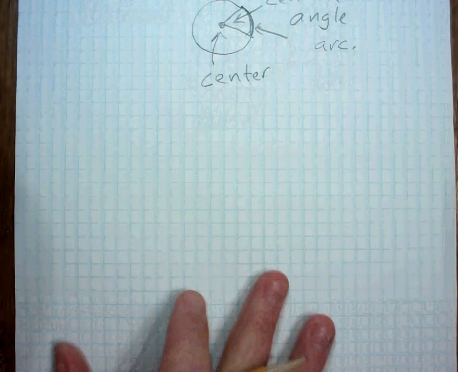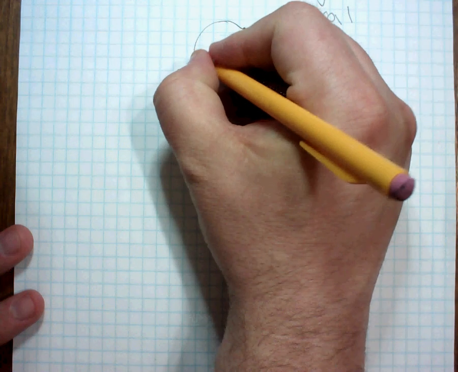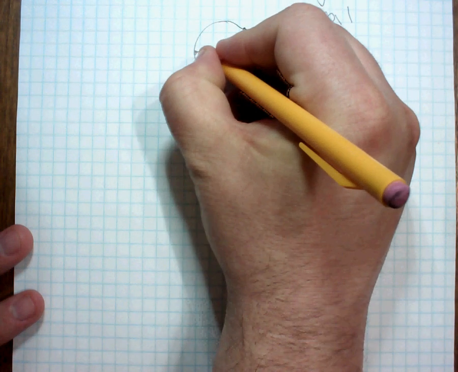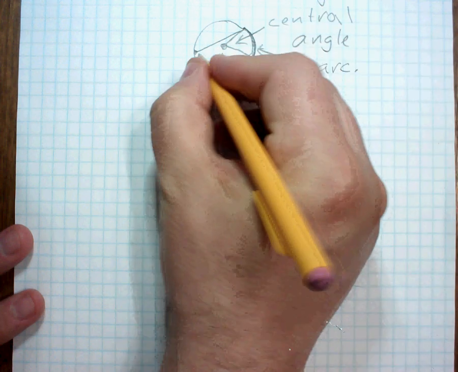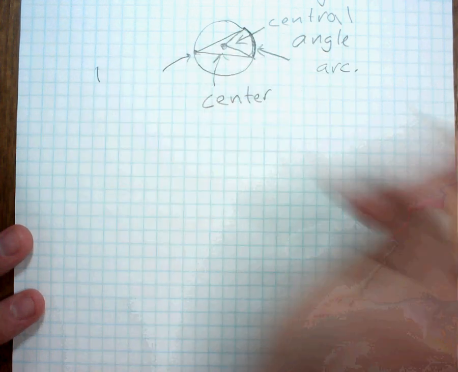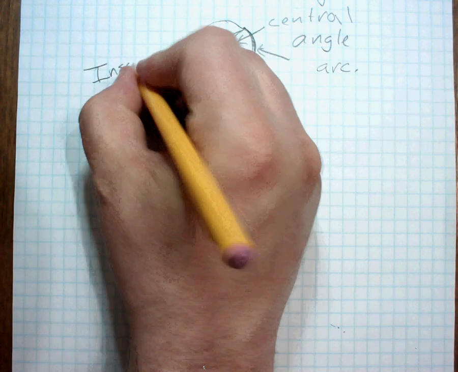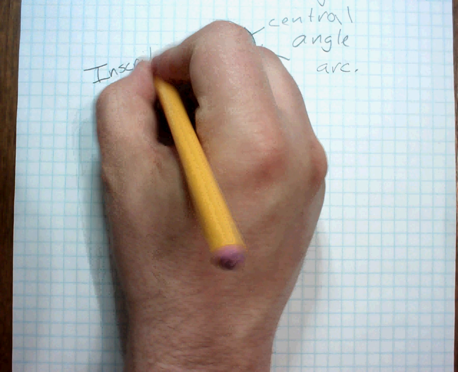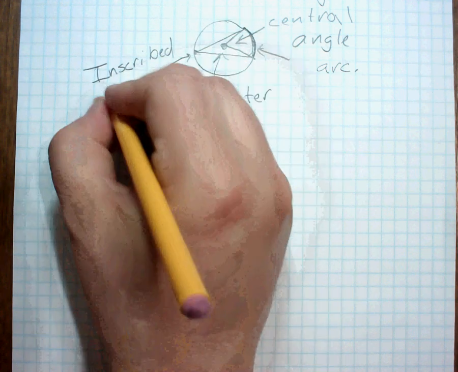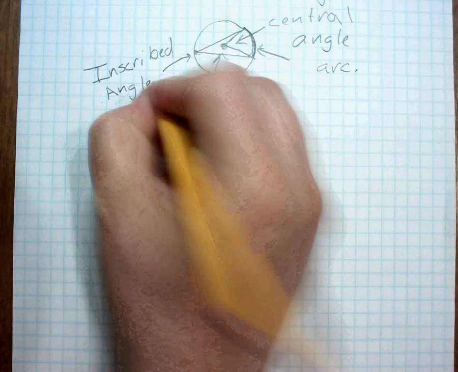But now we can also have what we call an inscribed angle, and the inscribed angle is where the vertex of the angle is on the circle itself. It's on the edge of the circle. Okay?